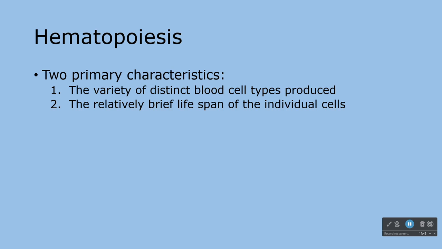Alright? Neutrophils, a few hours. I don't know like an exact number. But a few hours. EO and basos, a few days probably, because they kind of last a little longer just because of their job.